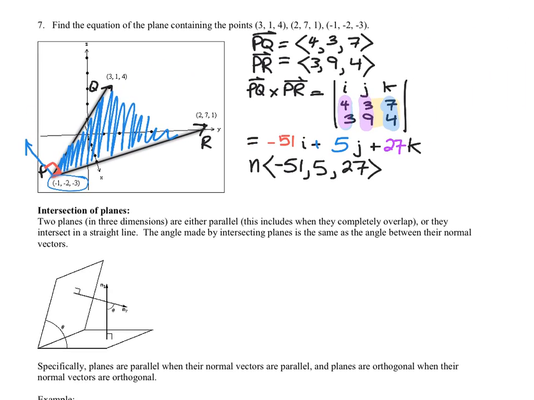So I'm going to dot n against P. That's the same as saying negative 51, 5, 27, dotted against negative 1, negative 2, negative 3.